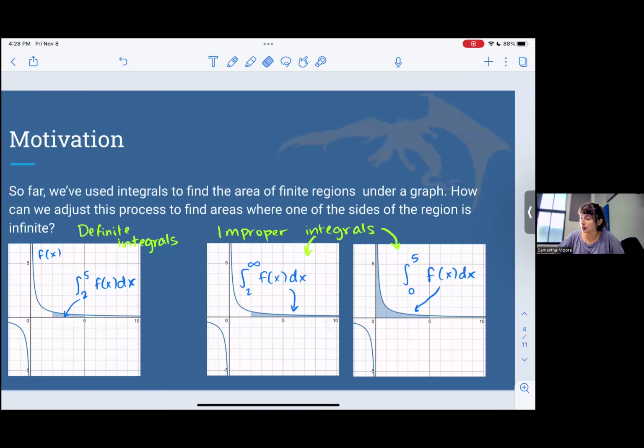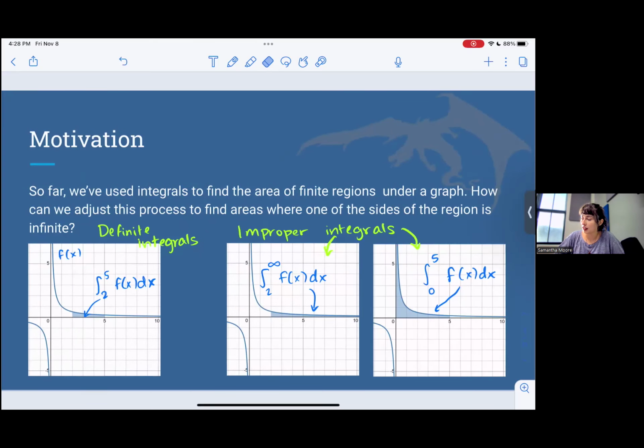So, for example, in this picture, this is an example where one of my integrands is plus or minus infinity, so that's why this integral is an improper integral.